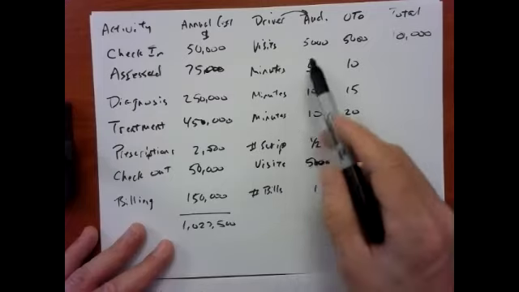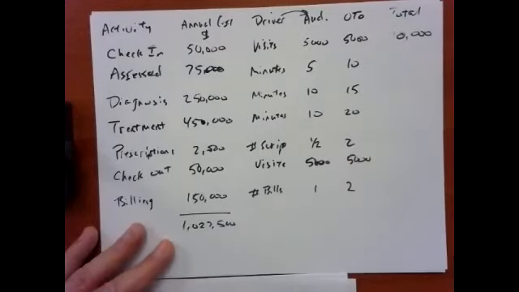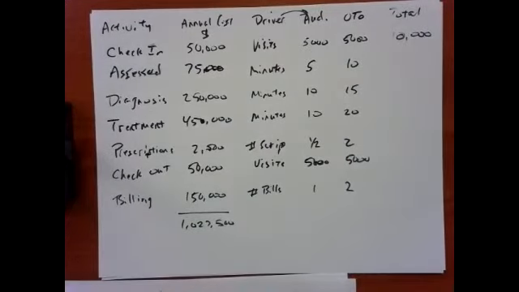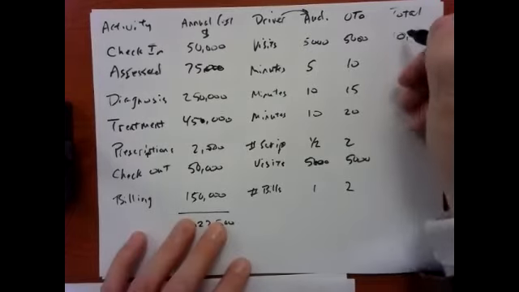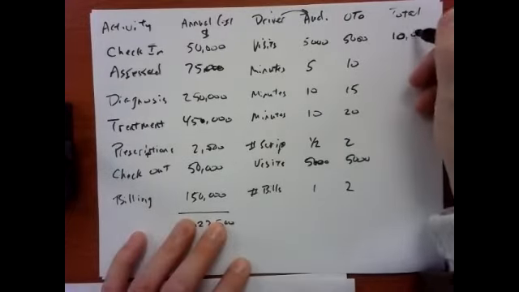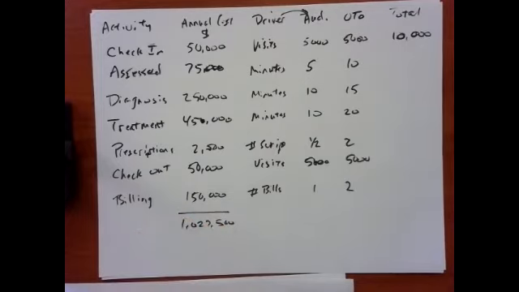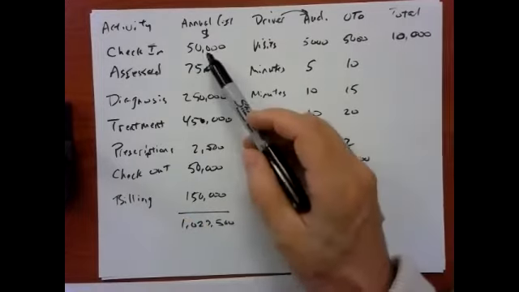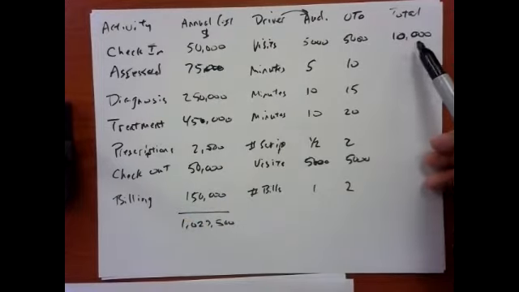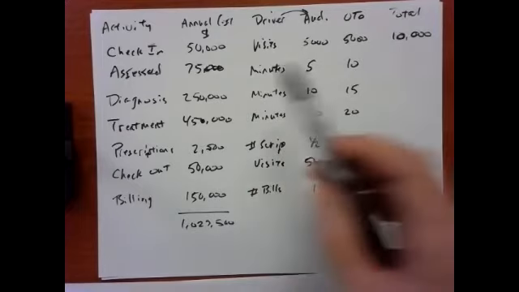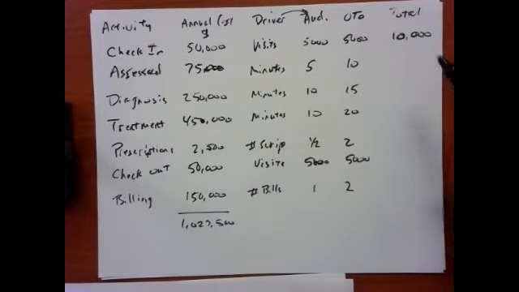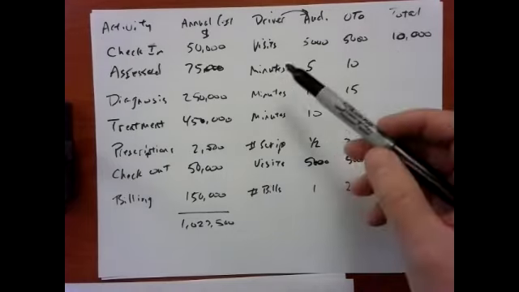Then we're going to do the same for assessment, the same for diagnosis, and on down. But first we have to calculate the total that we are going to use to divide the annual cost, the total cost driver. In this case, that's going to be 10,000 visits. Like I said, the allocation rate will then be $5 per visit.